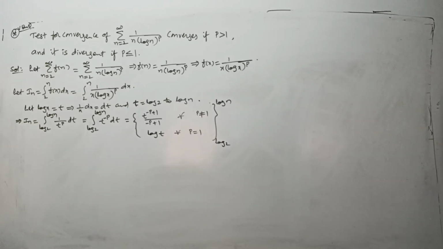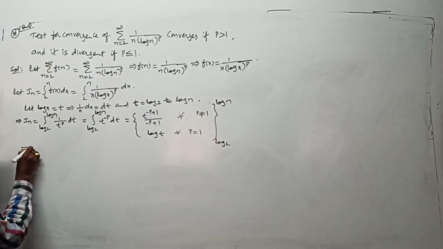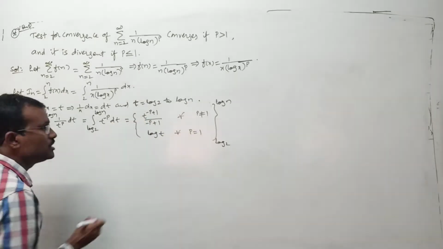Now let us go for the result for I n, ma. I want to substitute these bounds also. This implies I n is equal to, substituting the bounds, what do we get?